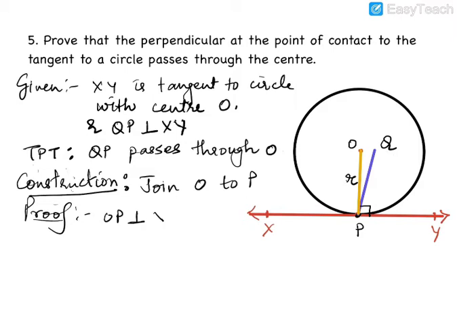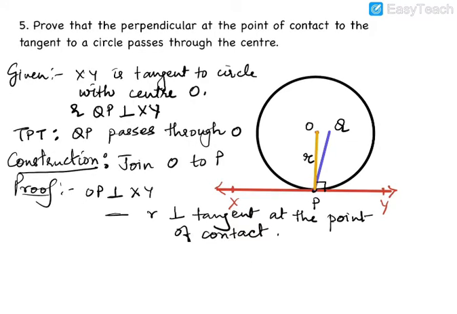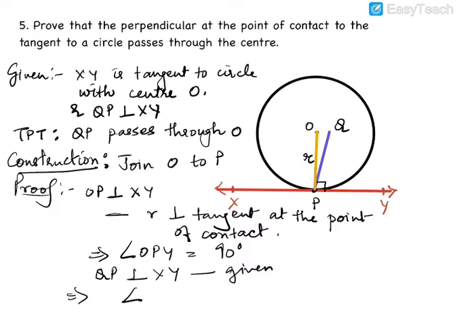So OP will be perpendicular to XY, because the radius is perpendicular to the tangent at the point of contact. So this implies angle OPY is equal to 90 degrees. But we are given in the question that QP is perpendicular to the tangent. So this implies angle QPY is also 90 degrees.